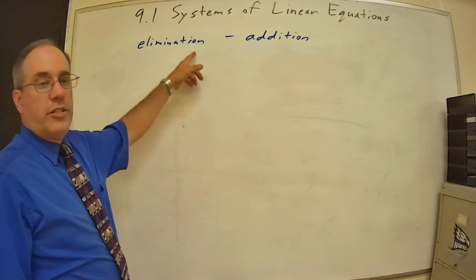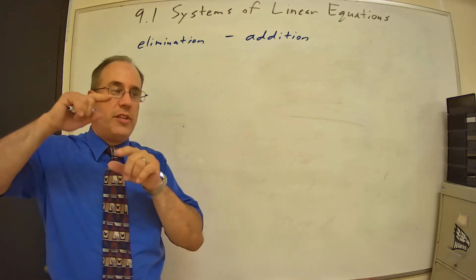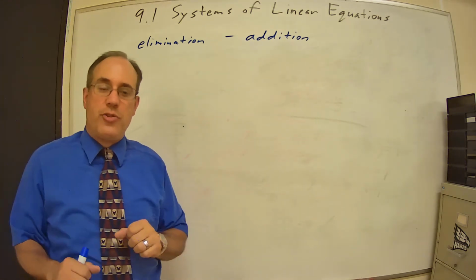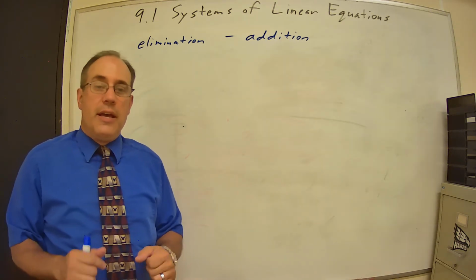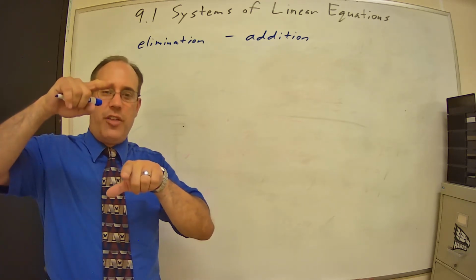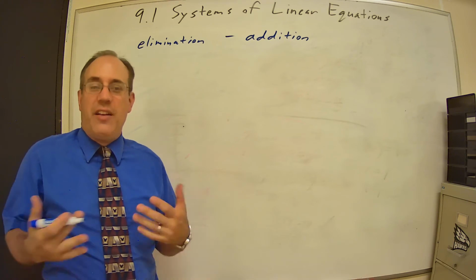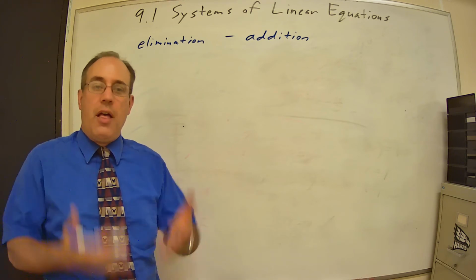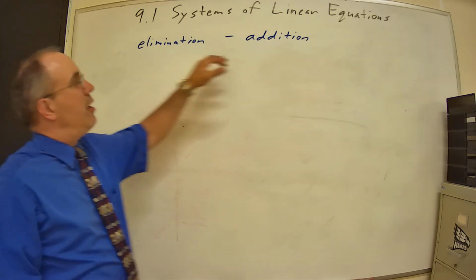So elimination says, if your coefficients are the same, subtract the two equations and your variable will cancel out. If your coefficients are negatives of each other, -2 and +2, then if you add the two equations together, that variable will cancel out. That's elimination.